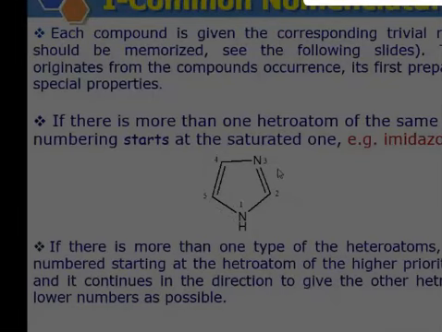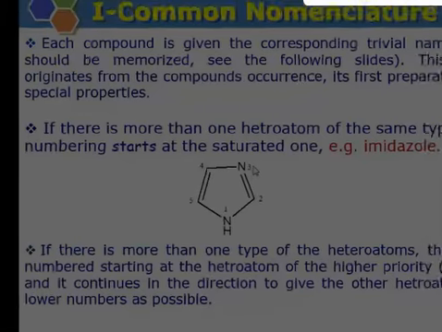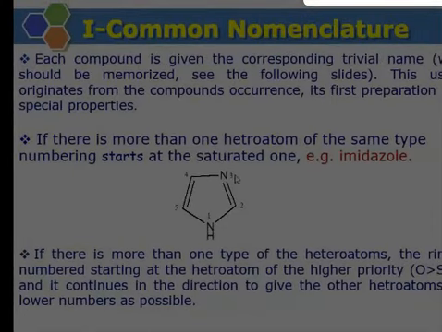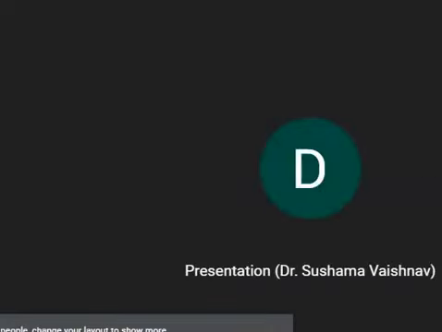We can move forward with the numbering in such a way that the second heteroatom should get the minimum numbering.